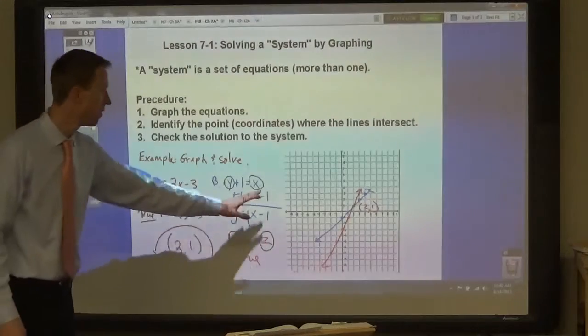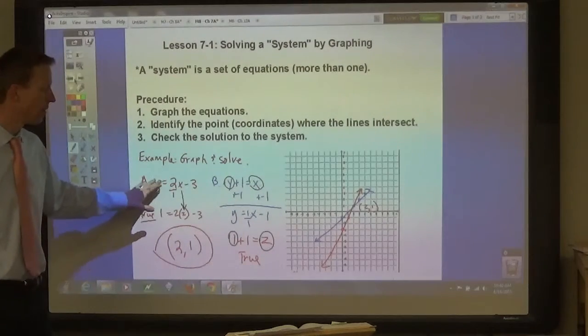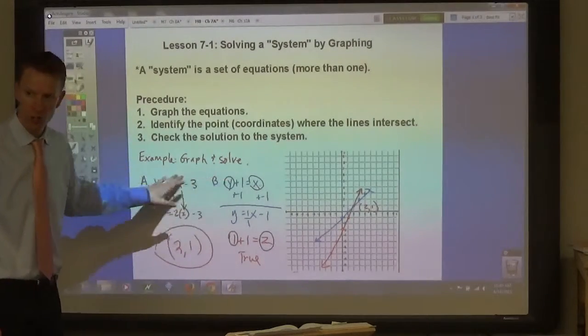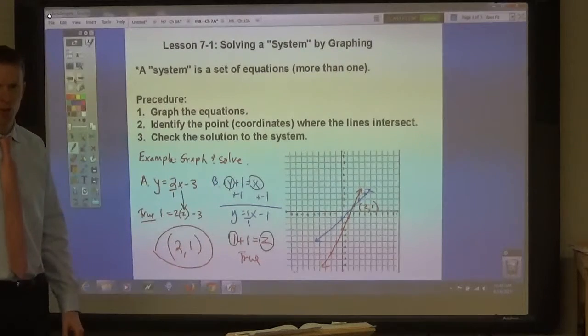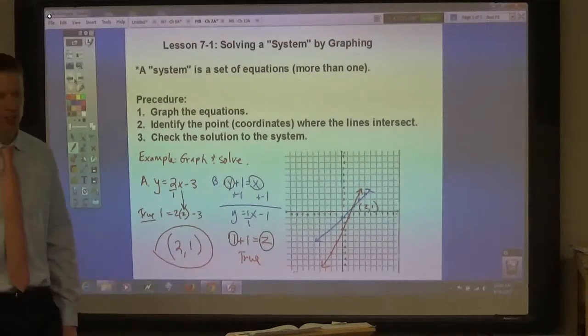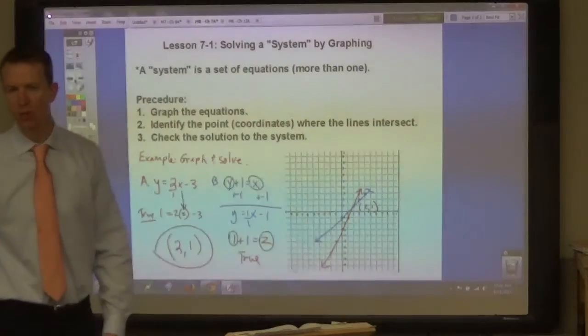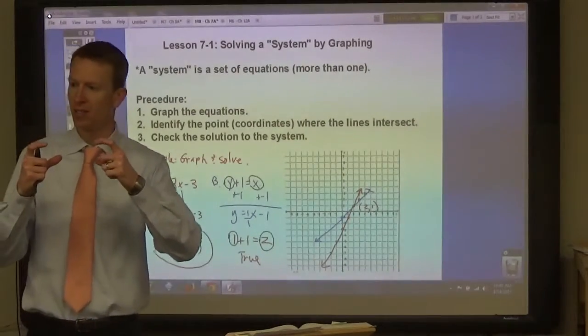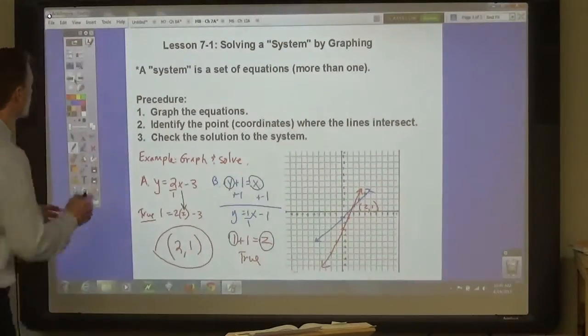When you put in the x value and the y value in each equation, it makes them both true. So that's one way to solve a system of equations, or to find the point that makes them both true.